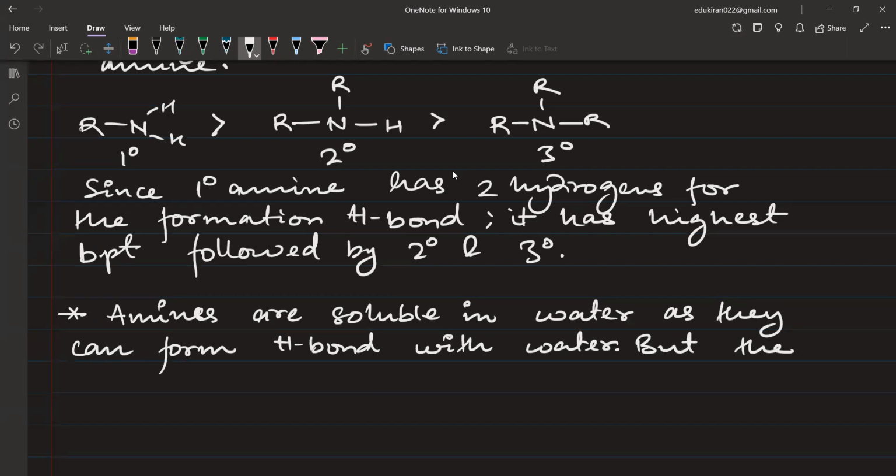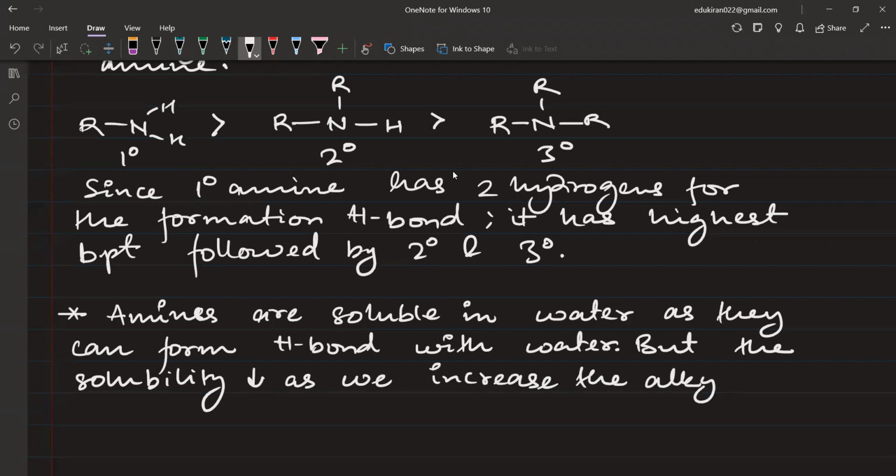But the solubility decreases as we increase the alkyl chain length.